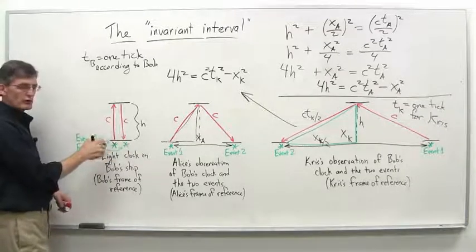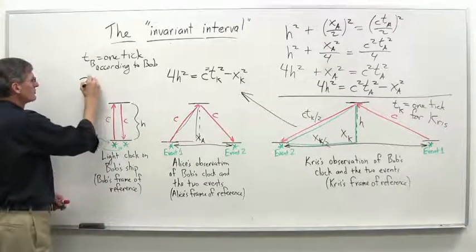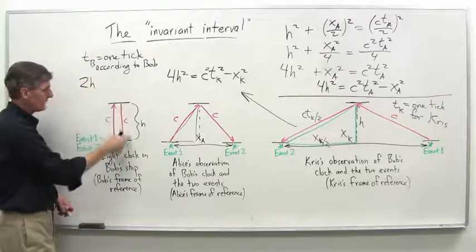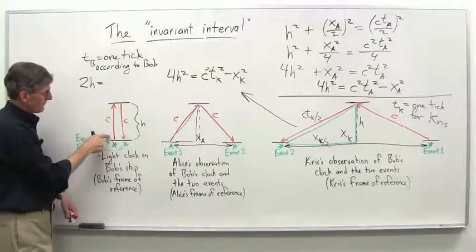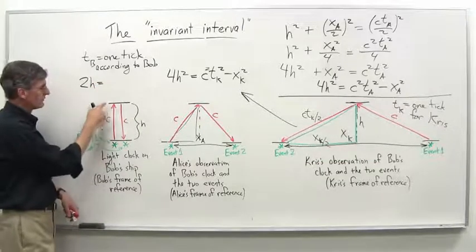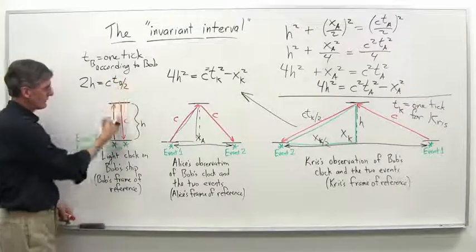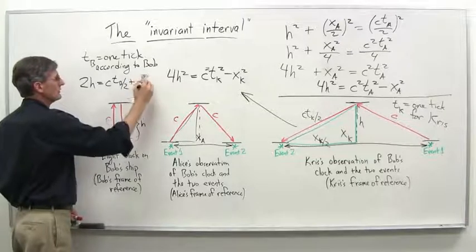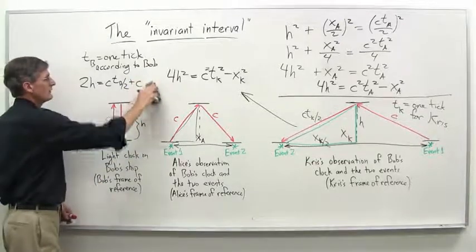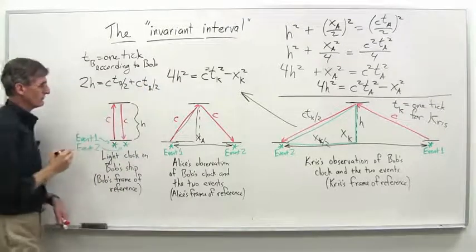So the total distance for Bob is 2h, h up and h down, or we could also say it is c times t sub b over 2, half a tick, plus another c times t sub b over 2.